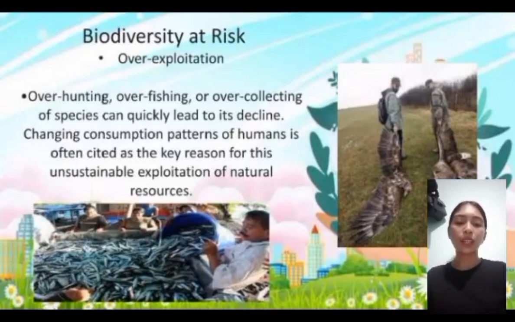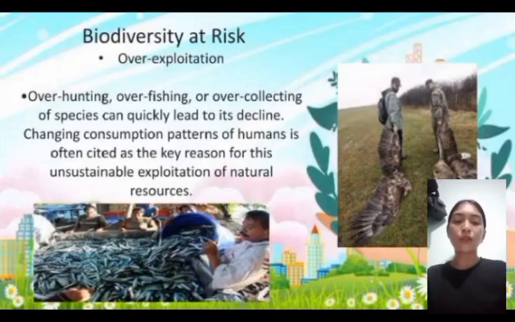Overexploitation. Overhunting, overfishing, or overcollecting of species can quickly lead to their decline. Changing consumption patterns of humans is often cited as the key reason for this unsustainable exploitation of natural resources.